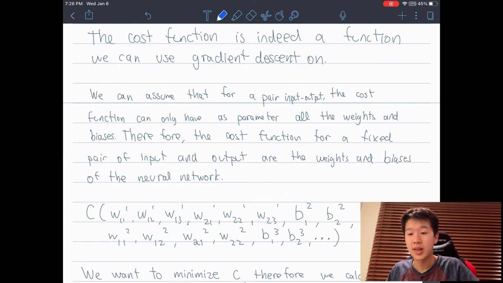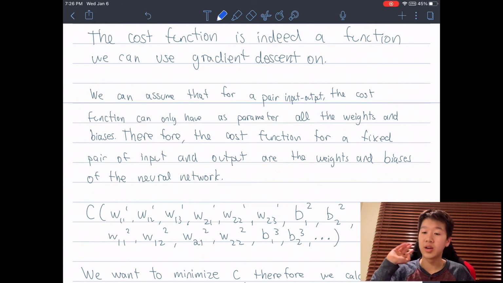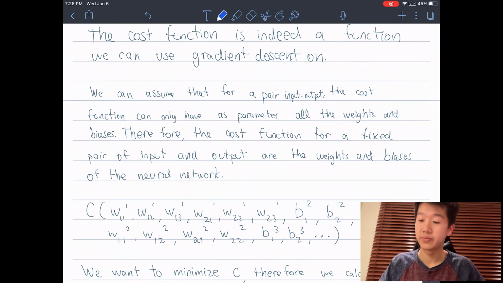So I'm just going to take the pair 1, 1 gives 0, for example. Then the cost function can only vary all the weights and all the biases, because you cannot change the value of what they're going to be at layer 2 or layer 3. You modify the weights and the biases to do that.